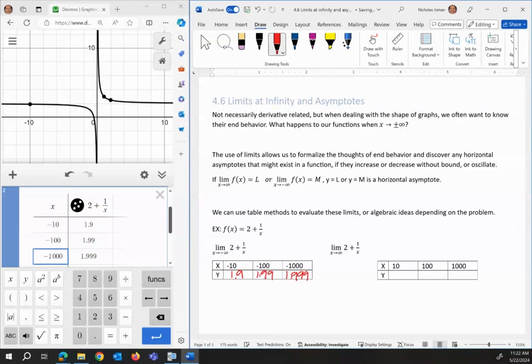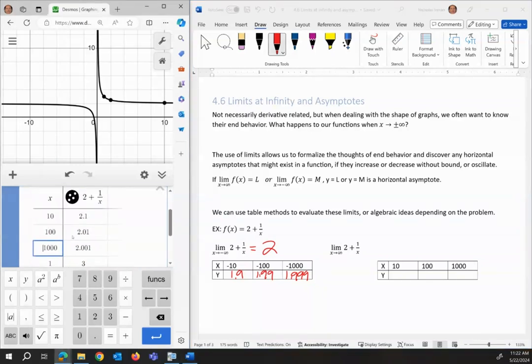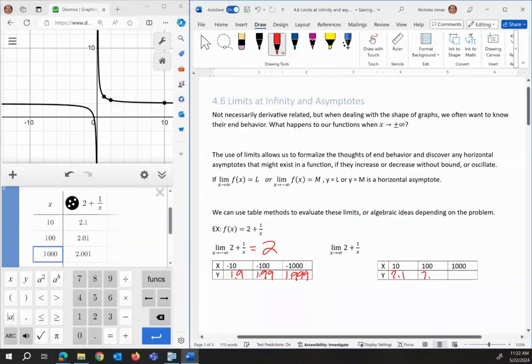I hope you're okay with the idea that that limit produces the value of 2. And if we plug in +10, +100, +1000 to make a table, we get 2.1, 2.01, 2.001. I hope you're with me that that also approaches 2. That confirms my idea that we have a horizontal asymptote here at y equals 2.